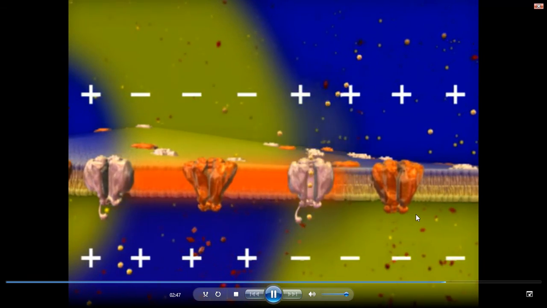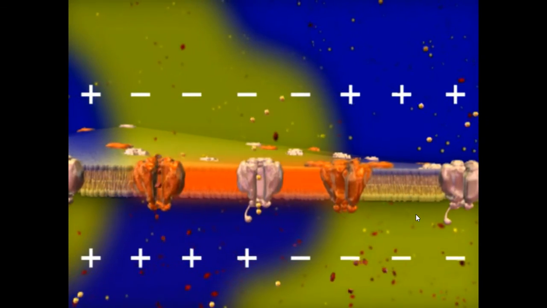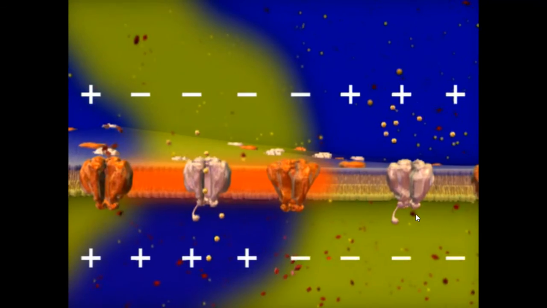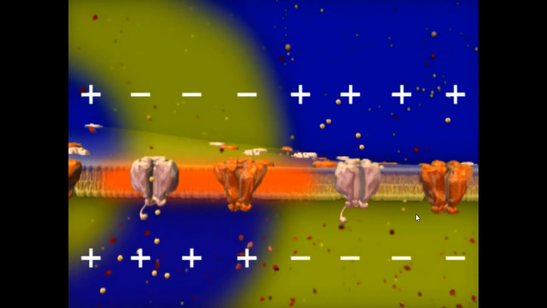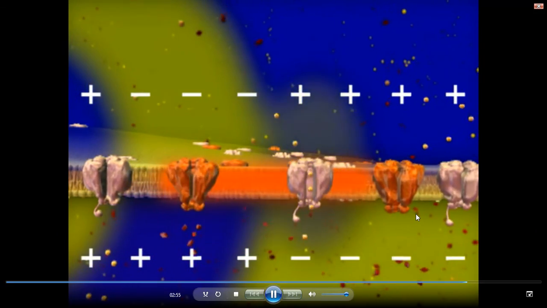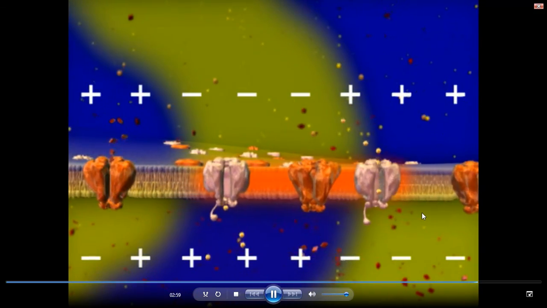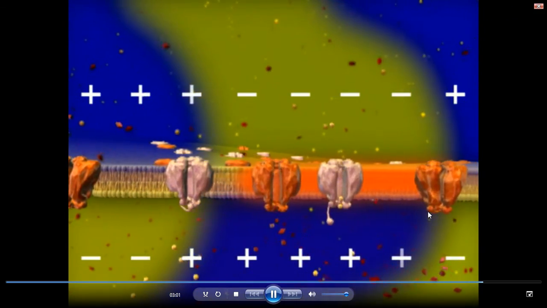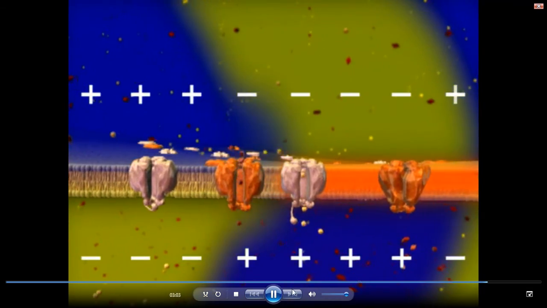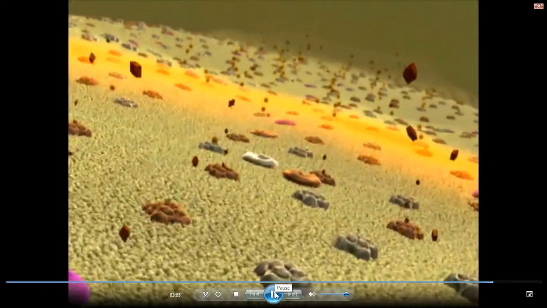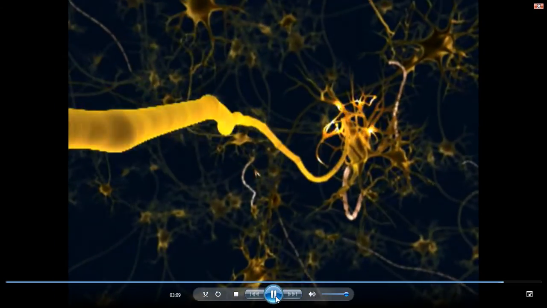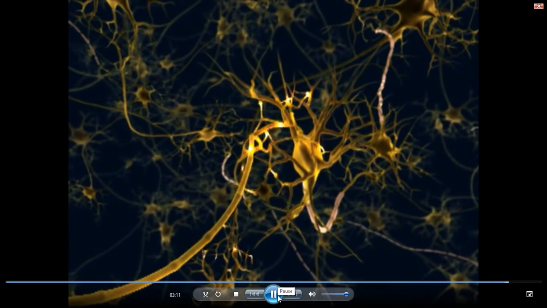As potassium ions move out of the cell, the original charge difference across the membrane is restored, and then the potassium channels close. Meanwhile, new sodium channels open, followed by the opening of new potassium channels and the closing of sodium channels. In this manner, the action potential is propagated along the axon of the neuron, eventually reaching another cell.